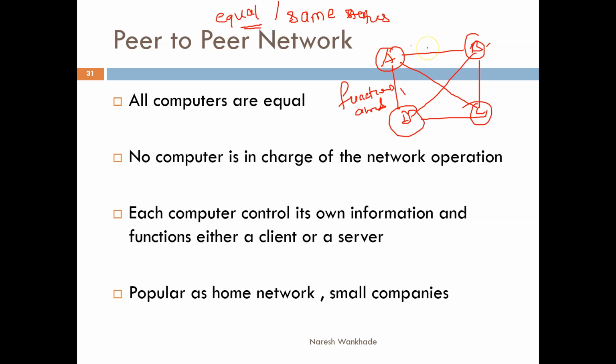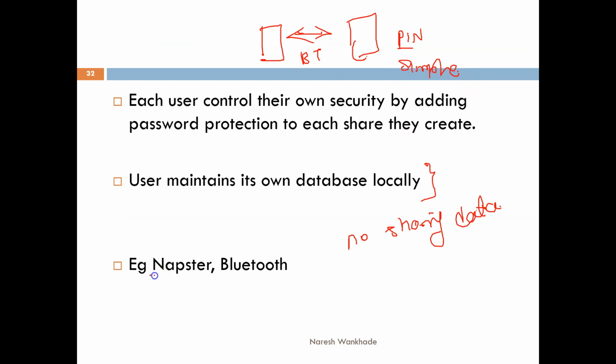There is just a sharing of information by means of simple security. Another example is Napster. It was used to share music files amongst computers of same status or equal status. That is an example of peer-to-peer network.